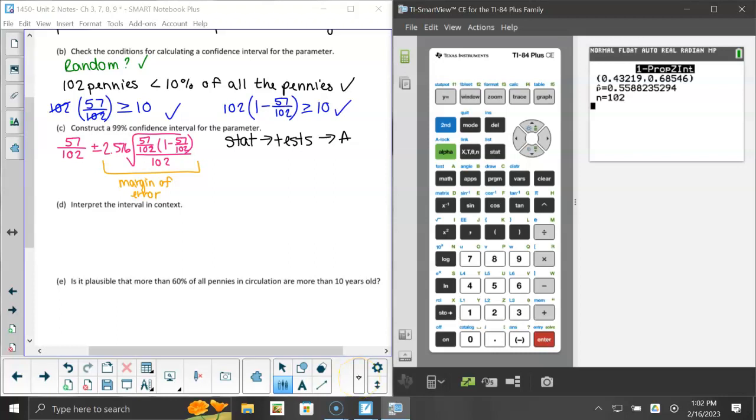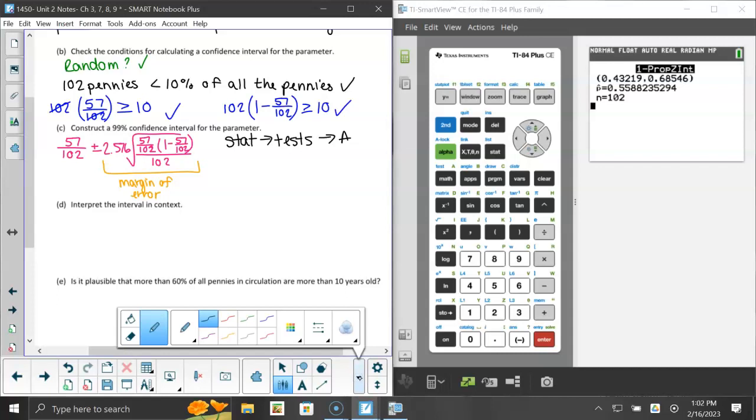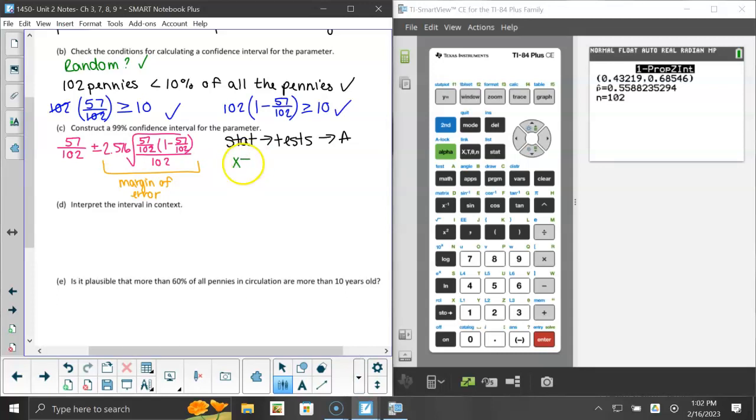So, we're okay. I was like, I have to figure out what they're writing in. X is how many times did it happen? So 57 pennies is the X. So if I write it in, X equals 57, N equals 102. Confidence level, that's that 99.